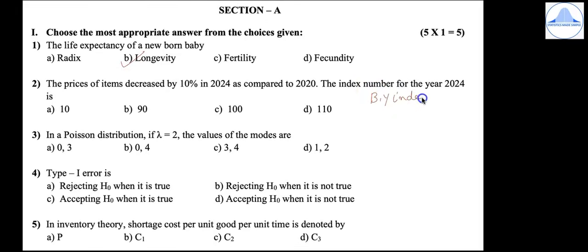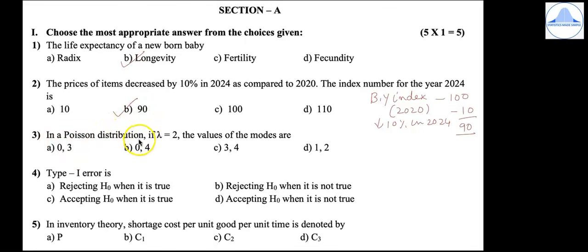So the base year index, that means for 2020, is 100, and it has decreased by 10% in 2024. So 100 minus 10 will give us 90. So this will be the index number for the year 2024. So the correct option is 90.